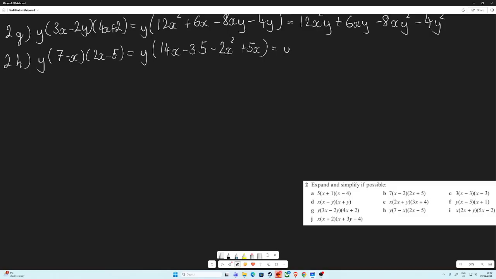So that equals to y. The 14x and 5x are like terms. So that's going to be 19x minus 35 minus 2x squared. So that's just 19xy minus 35y minus 2x squared y.